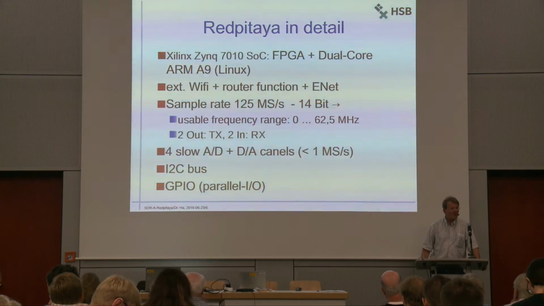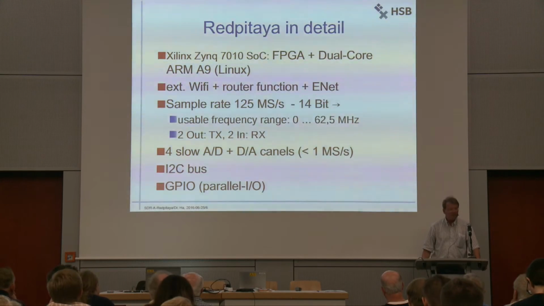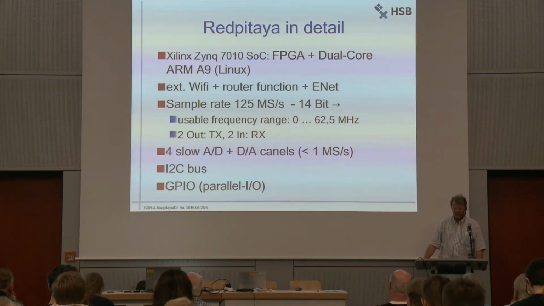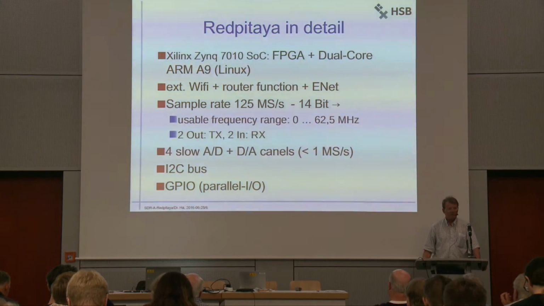When you put on the USB On-The-Go Wi-Fi adapter, you can obtain Wi-Fi, a router function, and the Ethernet connection. The sample rate of the Red-Pitaya is around 125 megasamples per second with 14-bit, 2 channels. Usable frequency range, therefore, is 0 to 62.5 megahertz analog.